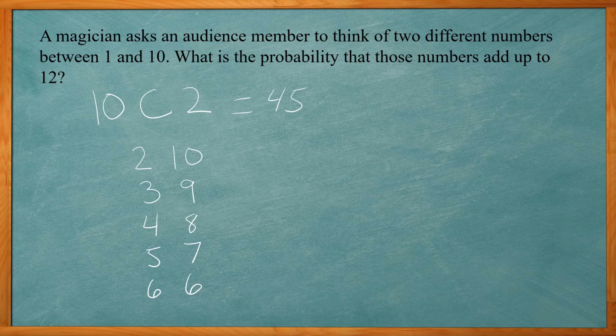That's 1, 2, 3, 4, 5. So 5 favorable outcomes. So it's going to be 5 over 45. And that reduces down to 1 over 9. So the probability that those 2 add up to 12 is 1 out of 9, or 1/9.